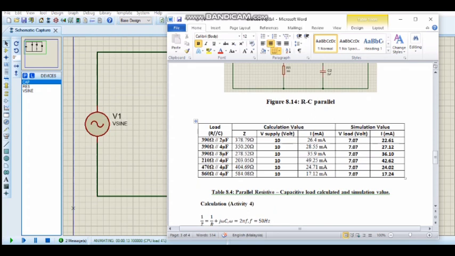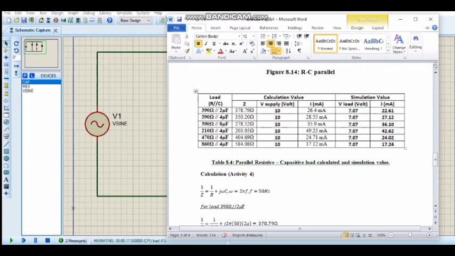For this, we need to find the value for Z by using this formula: 1 over Z equals 1 over R plus j omega C. Omega is 2 pi F and F is 50 hertz.